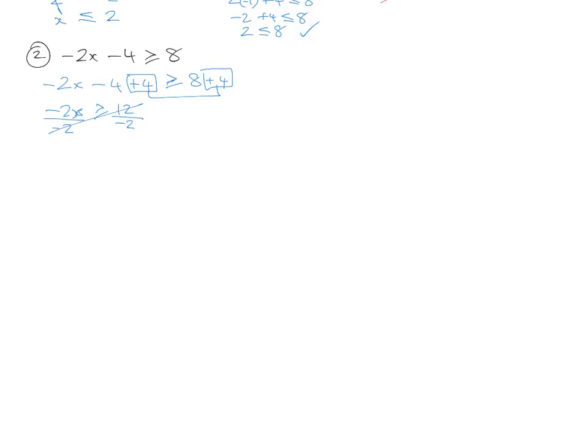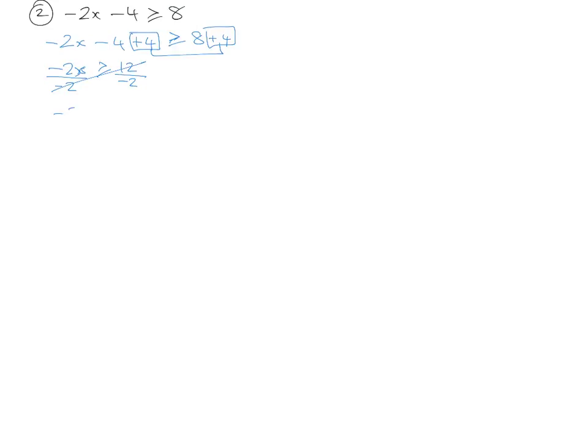You would need to write, to get this correct, negative 2x is less than or equal to 12, and then divide both sides by negative 2. Negative 2 divided by negative 2 cancels. So x is going to be less than or equal to, what's 12 divided by negative 2? Negative 6.